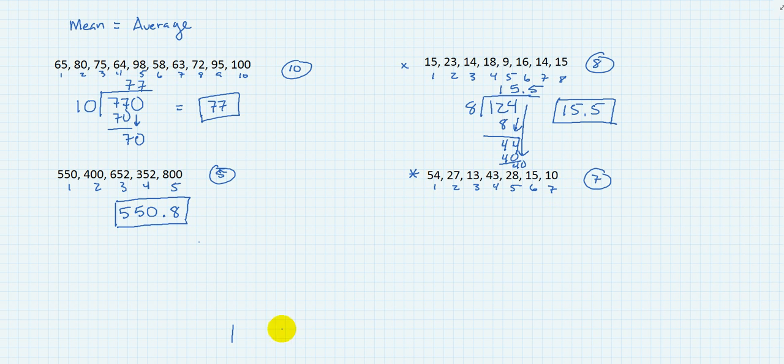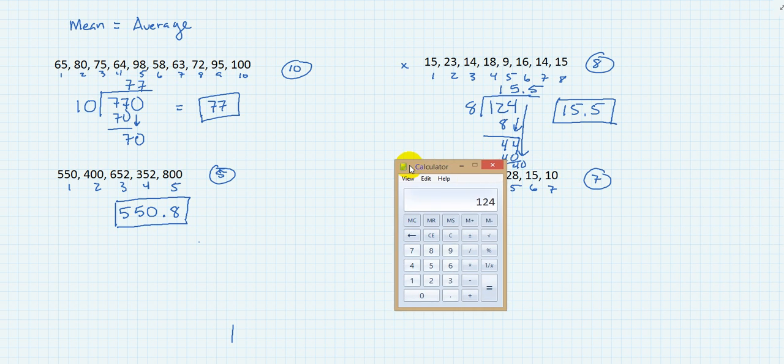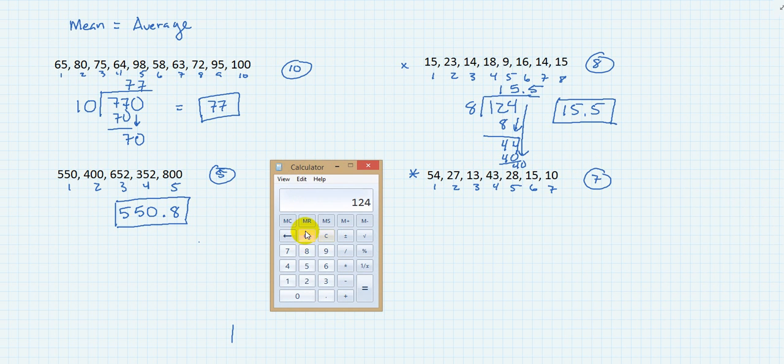We want to add those up, and let's see what we have here. We got 54 plus 27 plus 13 plus 43 plus 28 plus 15 plus 10.